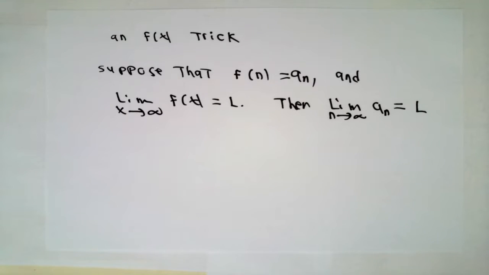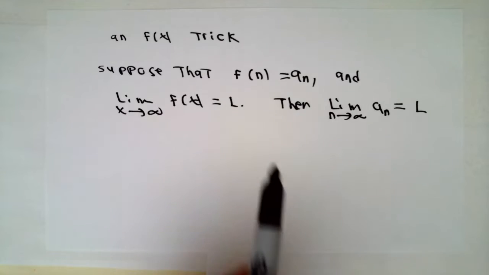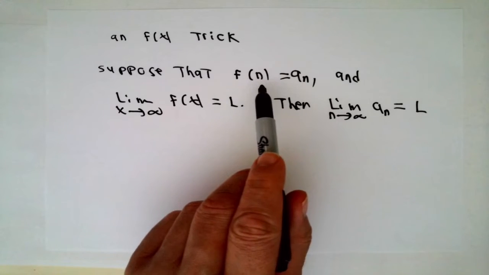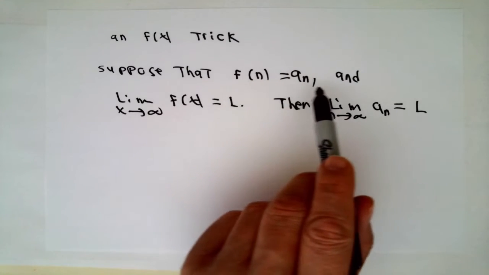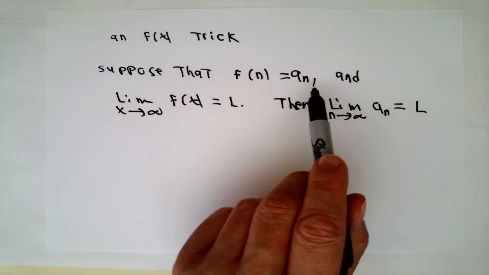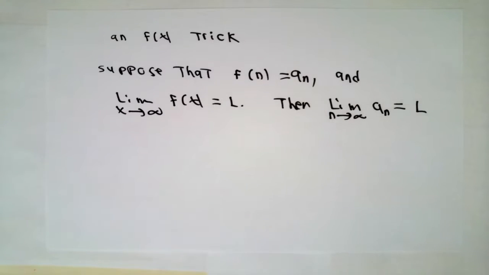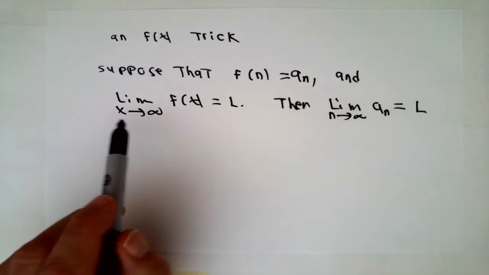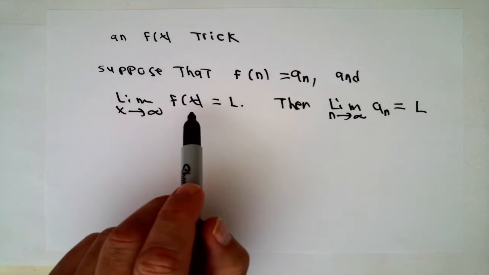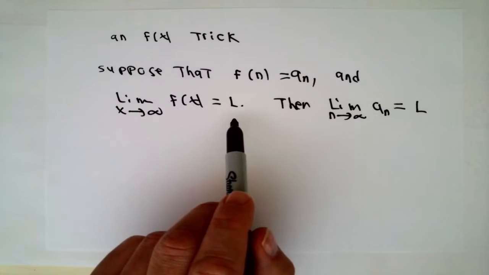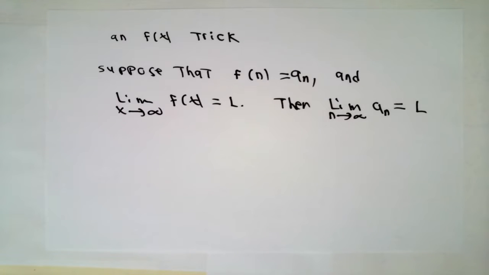Suppose that you rigged this function up so that if you were to stick a positive whole number into it, you would get the corresponding sequence term. If the limit as x tends to infinity of f of x is some number L, then the limit as n tends to infinity of a_n is also equal to L.